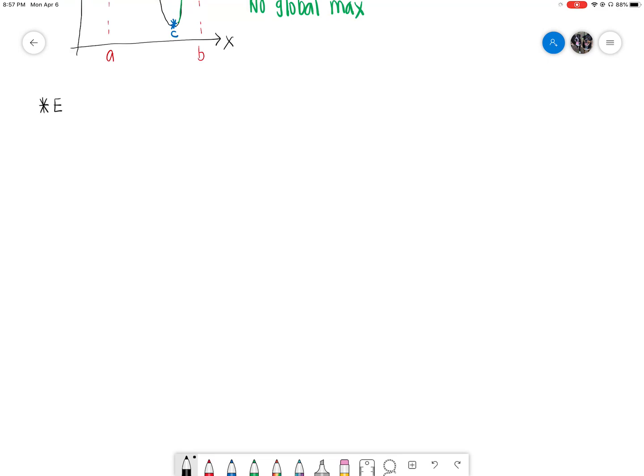Let's do another example of this. This time we'll actually use some numbers instead of just looking at the graph.